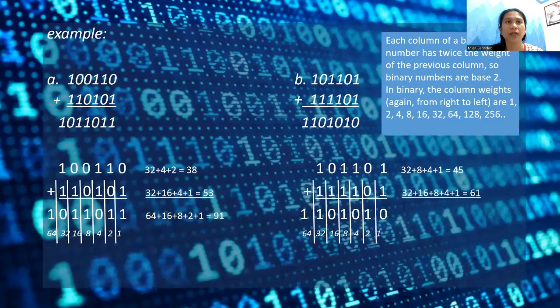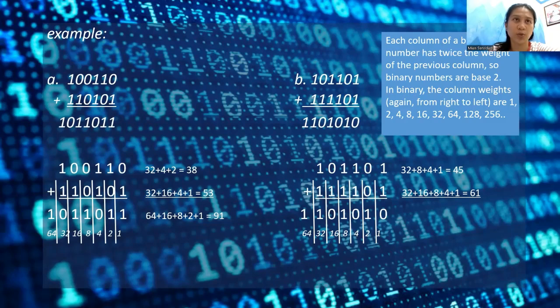An example for that is letter A: 100110 plus 110101. To add that, we're going to use the rules of binary addition. 0 plus 1 equals 1. 1 plus 0 equals 1. 1 plus 1 equals 0, and we carry 1 to the next column on the left.